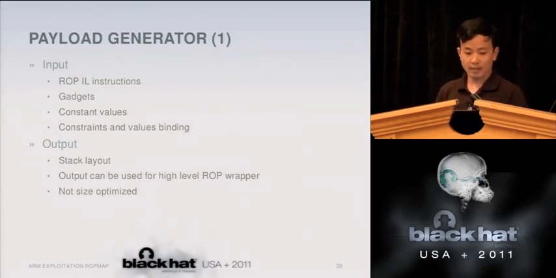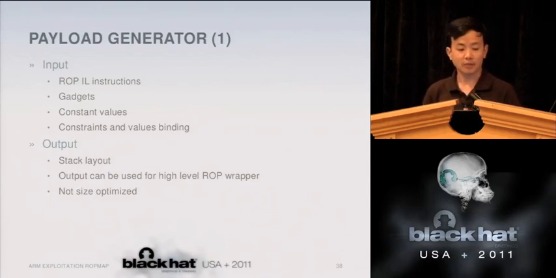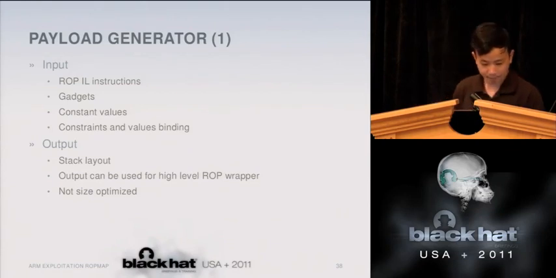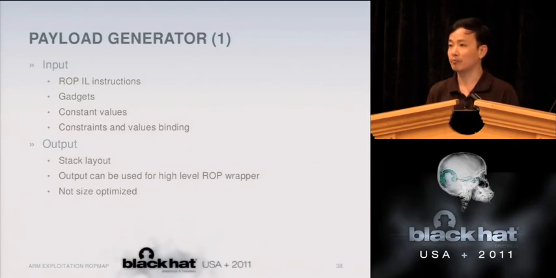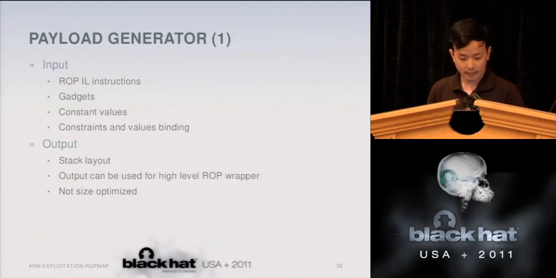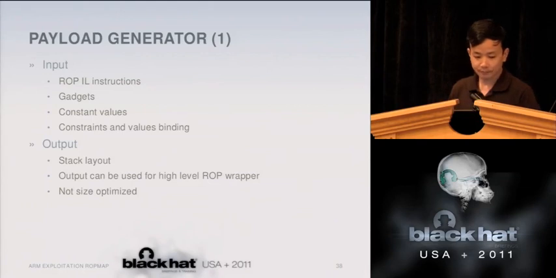It can be a constant value on the stack with some constraint and value binding, which I will explain later. And then we create the output, a final payload you can use directly in the exploit. Note that our payload generator is automatic but not optimized inside.